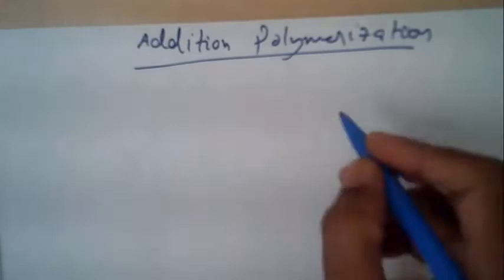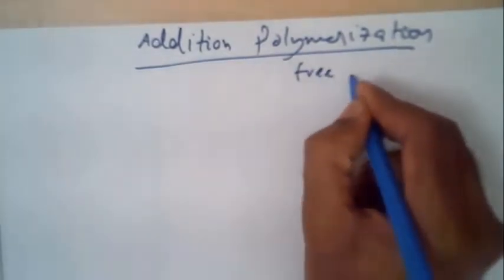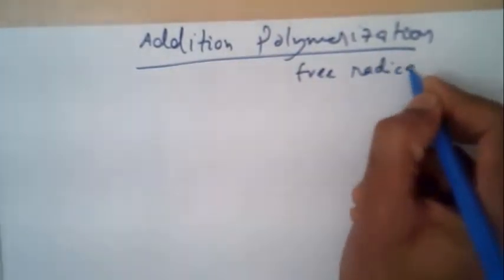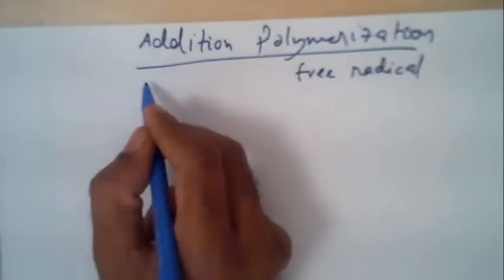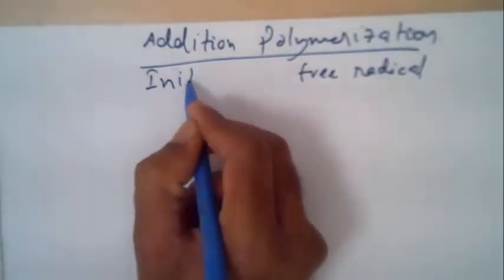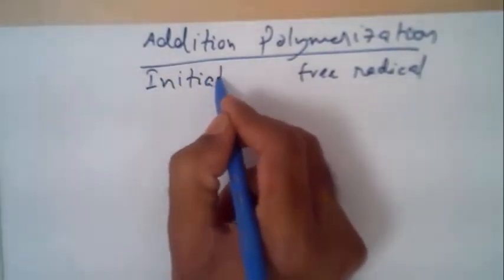Okay, addition polymerization, as we have already discussed, happens through free radical attack. For forming a free radical, what we need is an initiator.